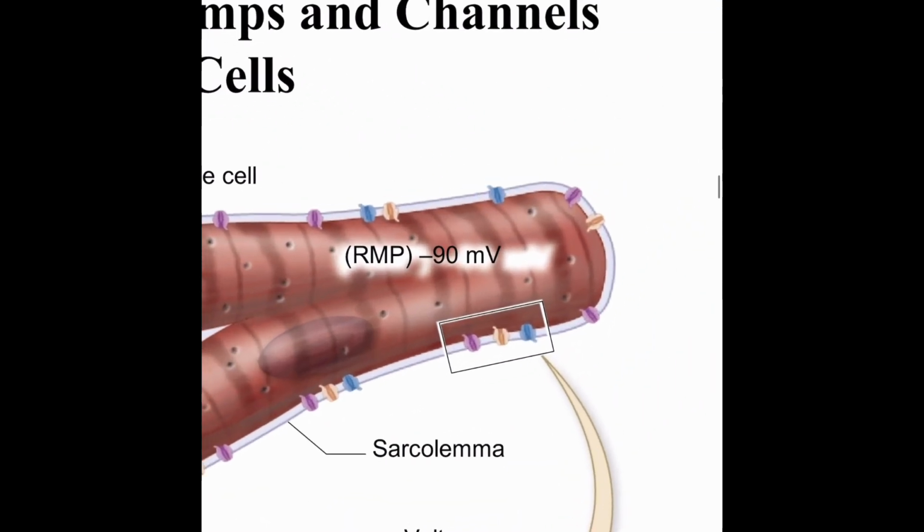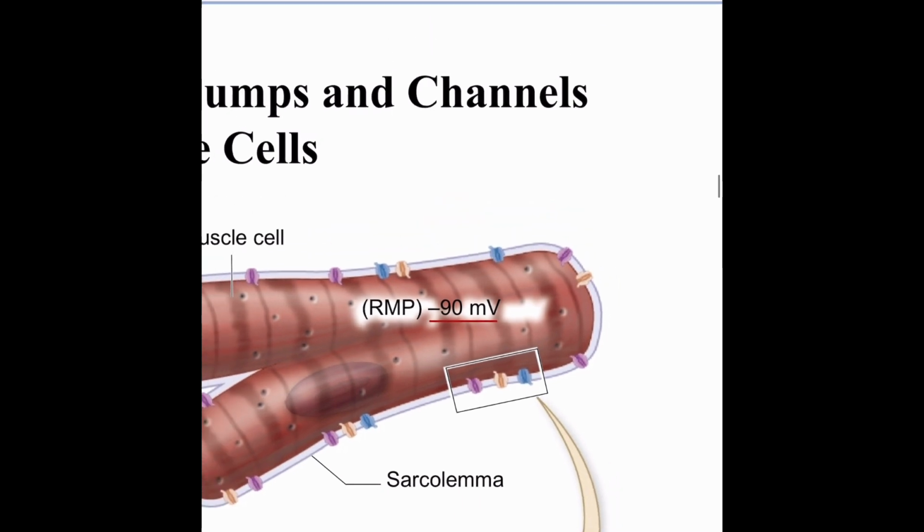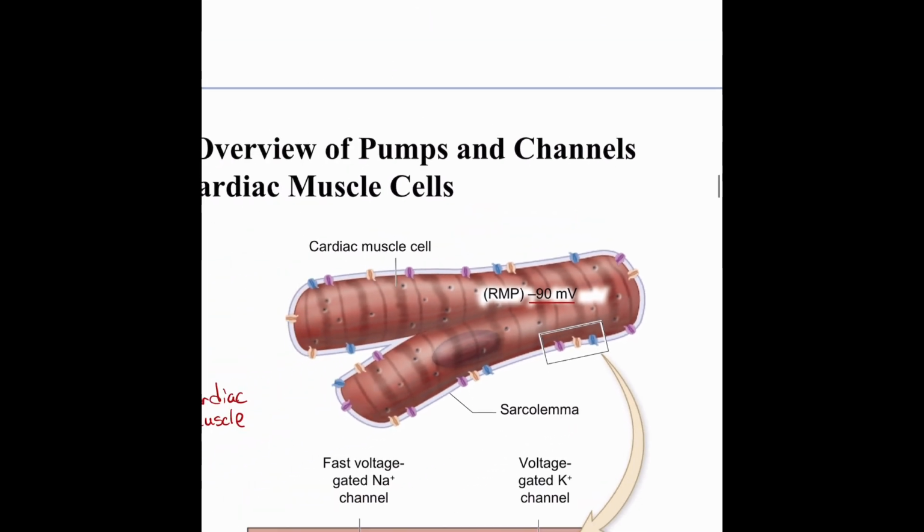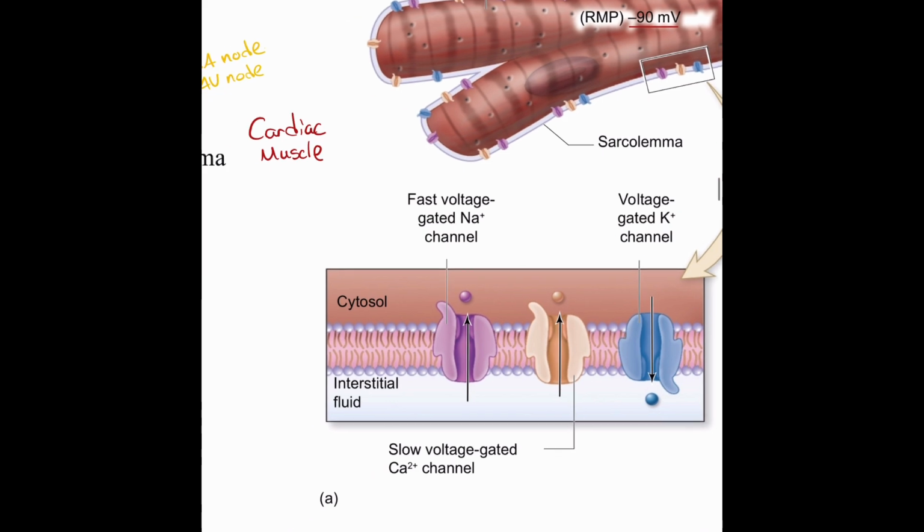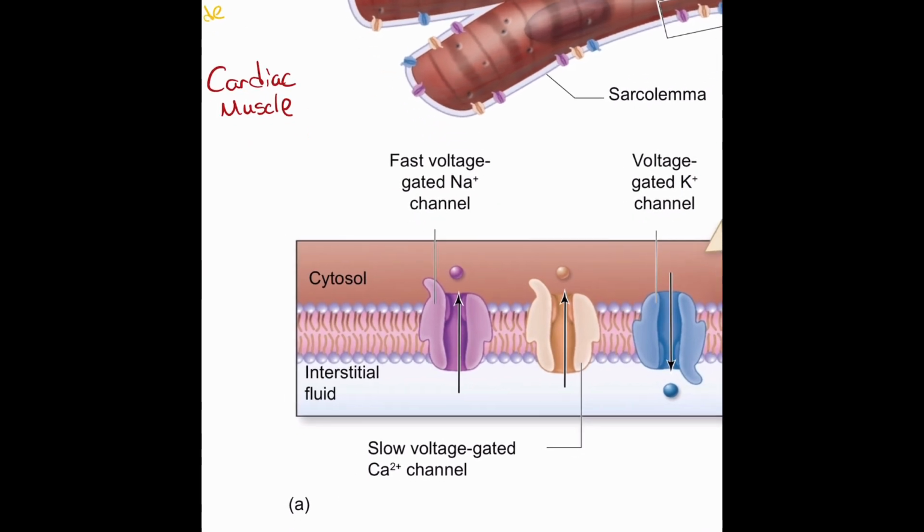So here we have a resting membrane potential of negative 90, right? So it's different to our nodal cells, which was negative 60 millivolts. Here we also have our gated channels, but like I mentioned, we have different speeds.